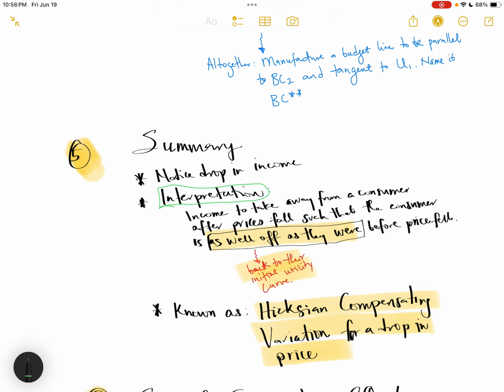Well, the difference between BC2 and BC*** is the income that you take away from a consumer after prices fall, such that the consumer is as well off as they were before the price fell, such that the consumer remains at their initial utility level, U1. Now, this is known as the Hicksian Compensating Variation for a drop in price.